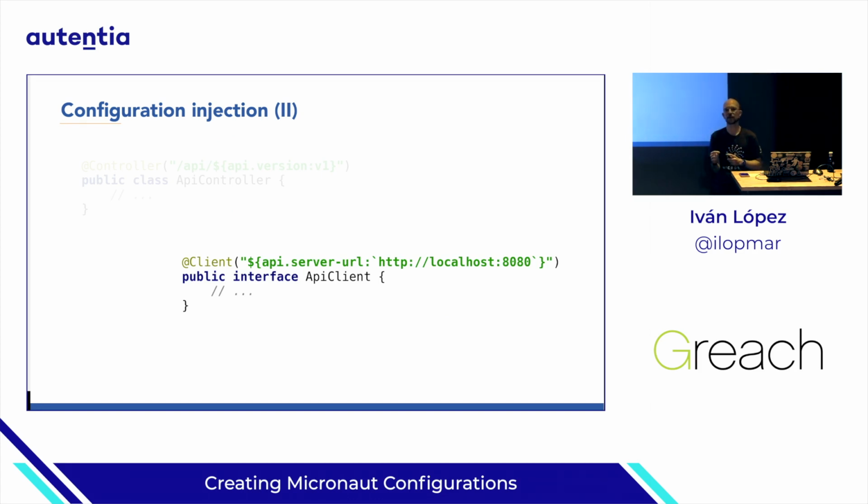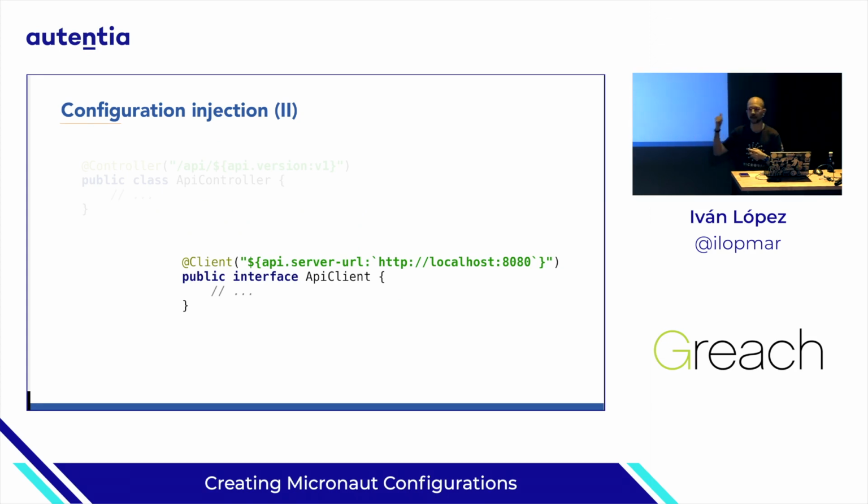But if you define something in camel case, the visitor will throw a compilation error saying this property name, server URL with a capital U in camel case, is not valid. Please use the kebab case one, and it suggests the right name you need to use. So with this new approach, you don't need to waste your time or wait until runtime to discover that this is not working as you expected. Now Micronaut provides a way to do that at compile time for you, so you save the time of wondering why it's not working at runtime.